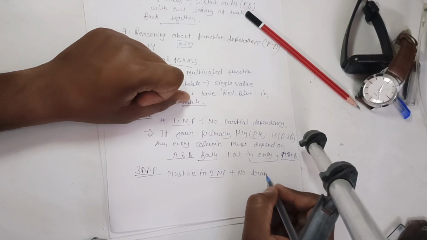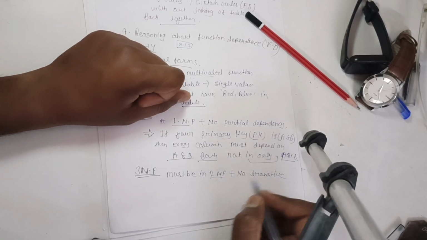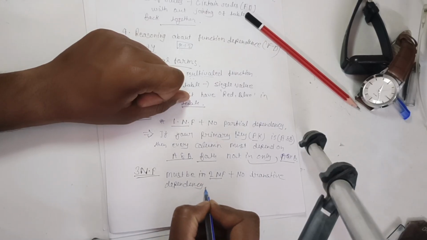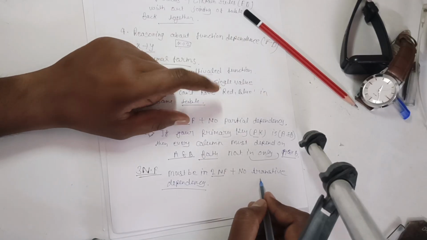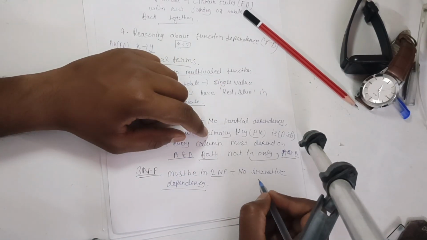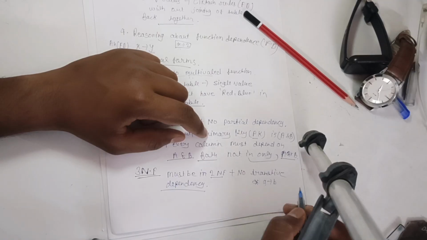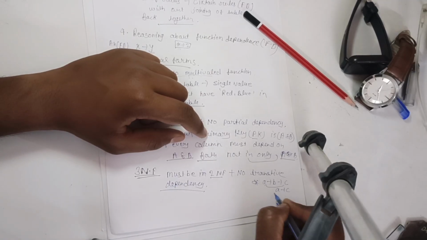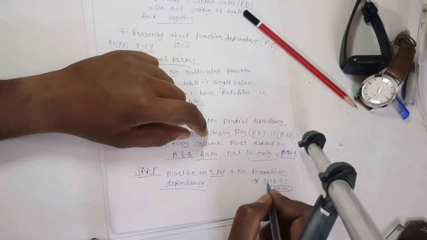No transitive dependency. So what is transitive dependency? You have done this in class 12. Transitive dependency means A depends on B, B depends on C, then A also depends on C. This is transitive dependency. So there should be no transitive dependency.